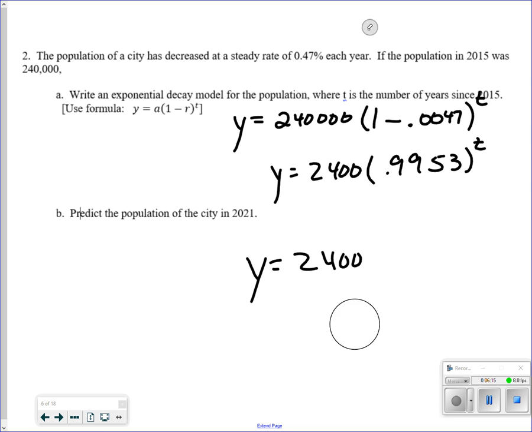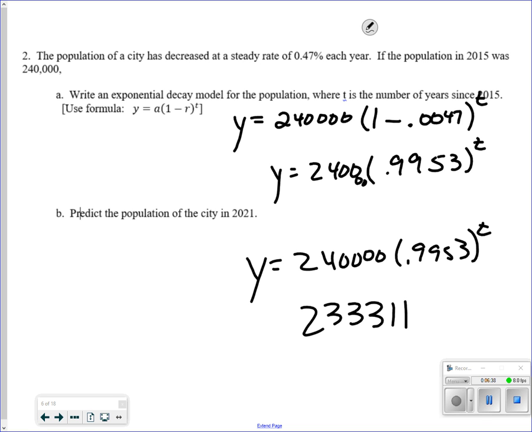So let's go back here just a little bit. 240,000, 0.9953 raised to the t. Not sure why I left off a couple of zeros there. So 240,000 times 0.9953 raised to the 6. So we're talking about 233311. And we're going to round this to the nearest person.